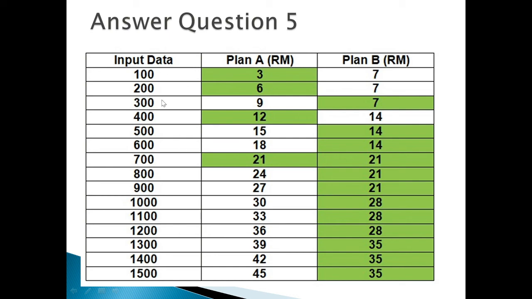So the same formula: 300 divided by 300 times 7, you get 7. 600 divided by 300 times 7, you get 14. 900 divided by 300 times 7, you get 21. 1200 divided by 300 times 7, you get 28. 1500 divided by 300 times 7, you get 35.